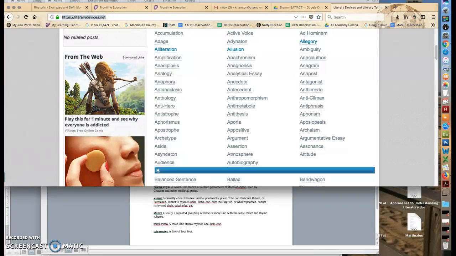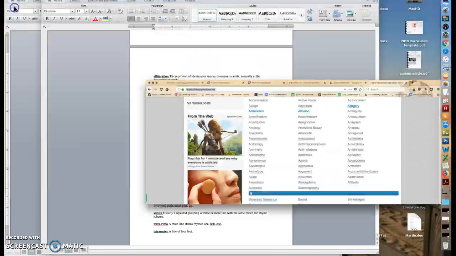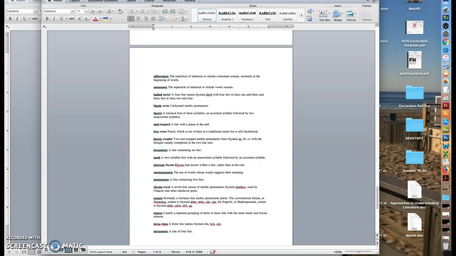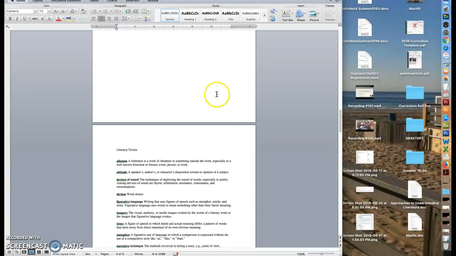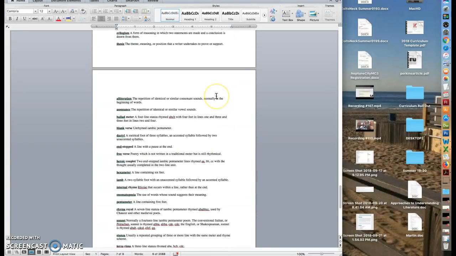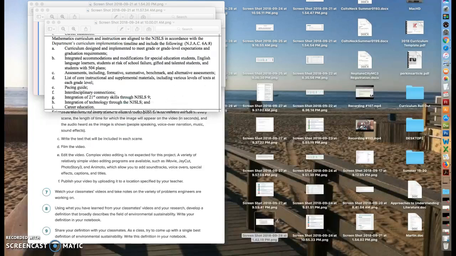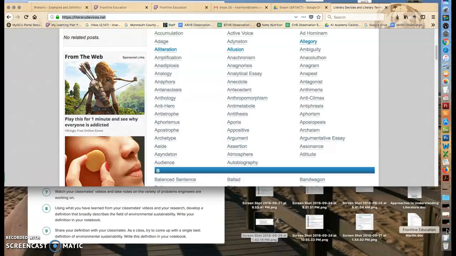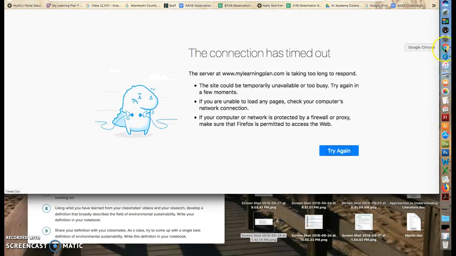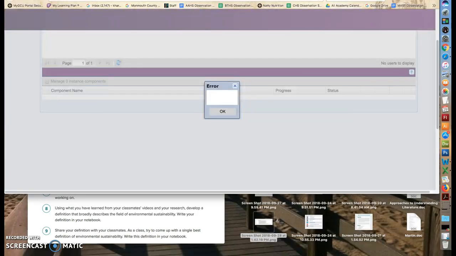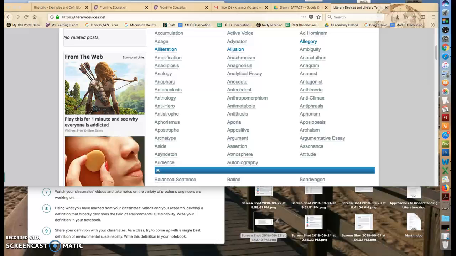Let's go back here. I'm going to get out of that. Close this. We went through all the literary terms. Excellent. Let me go back to our screen. Oops. Sorry about this. Where is it? So many tabs open.